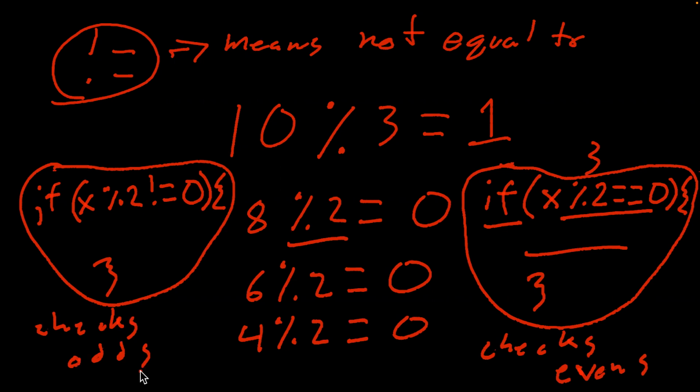You see the difference? One is saying if x modulo 2, whatever number we put in there, modulo 2 is not equal to 0. If there is a remainder in that case, then we know that it's not even, therefore it's going to be odd.